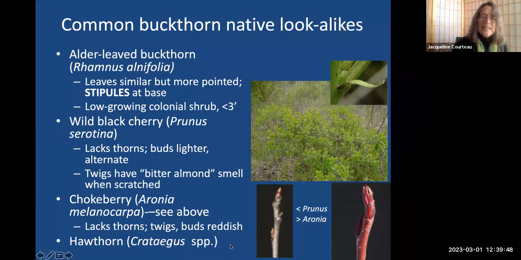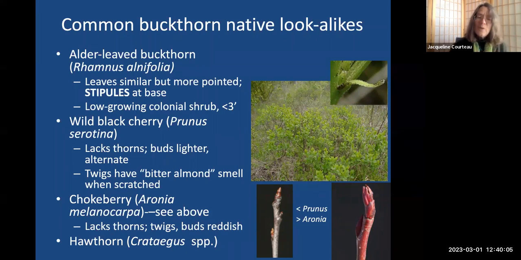And another that I didn't actually pull out photos for, but one to check: I think the growth form overall looks quite different, but our native hawthorns are a number of different, readily hybridizing species that are sort of difficult to distinguish from each other.